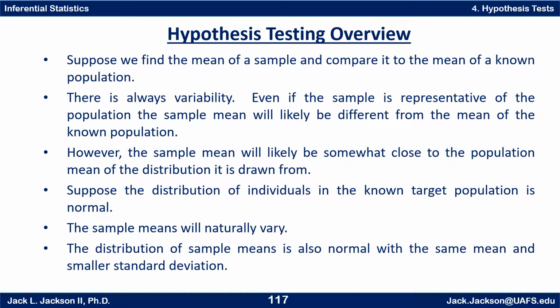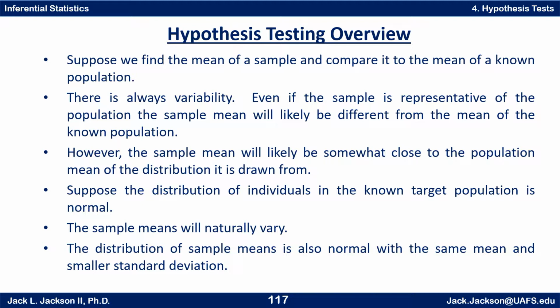So here's a basic overview. Suppose we find the mean of a sample and compare it to the mean of a known population. Well, we know there's always some variability. Even if the sample is representative of the population, the sample mean will likely be different from the mean of the known population. However, the sample mean will likely be somewhat close to the population mean of the distribution it is drawn from.